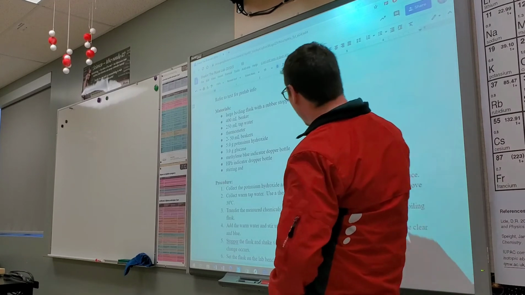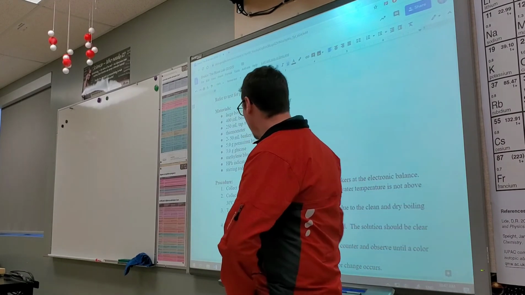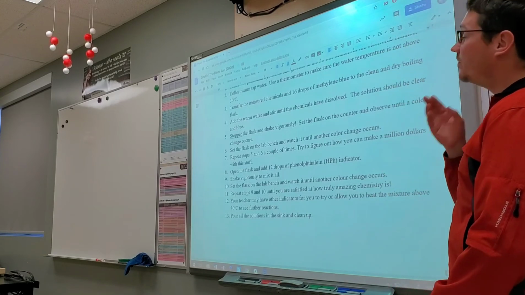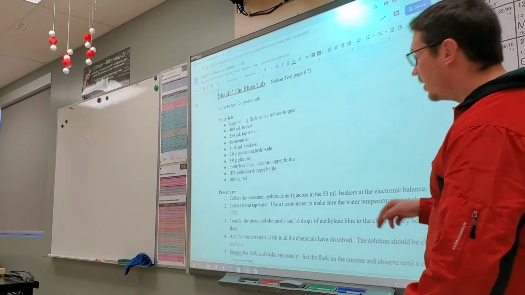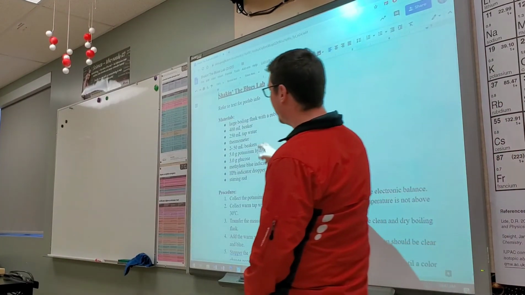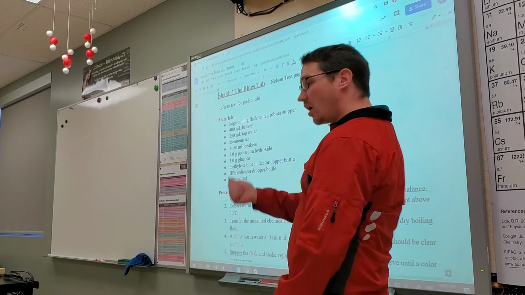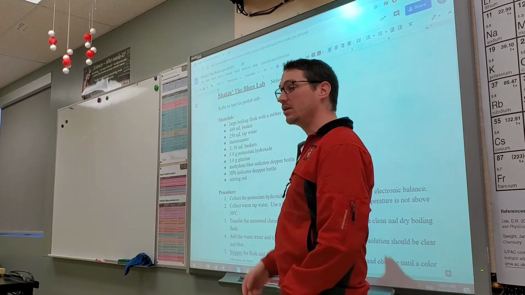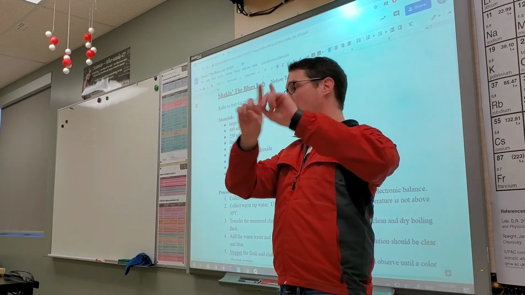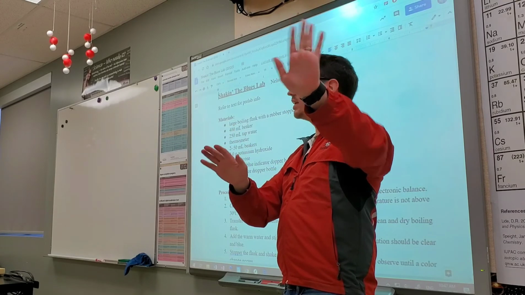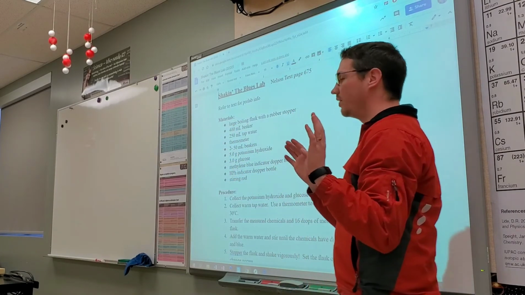You're going to have to get all of these materials, and then perform this procedure. I want to be very clear: the vast majority of these materials, like glassware and stoppers and the beakers, can be found on the side lab cabinets. Okay? If you don't know where something is, you can ask me, and that's totally fine.